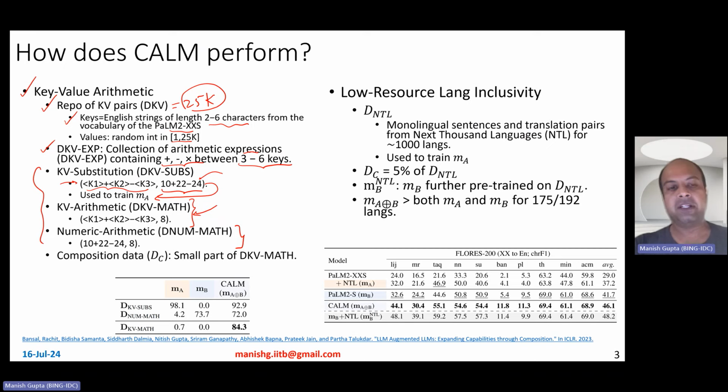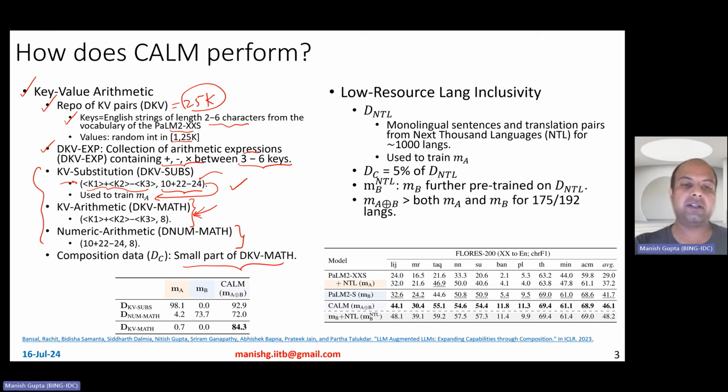Okay. So what you do is train your MA model using the substitution dataset, and you train the overall CALM model using a small part of the DKV math dataset, a small part of the target task, and then you compute the accuracies.